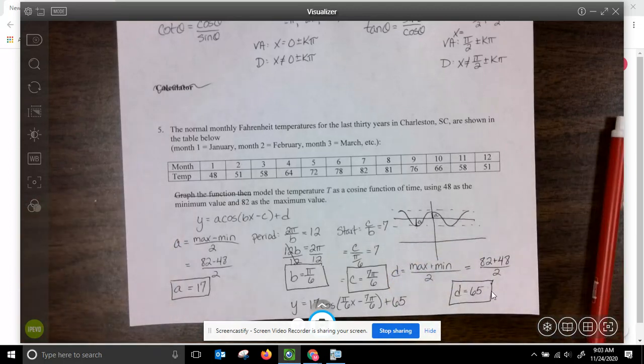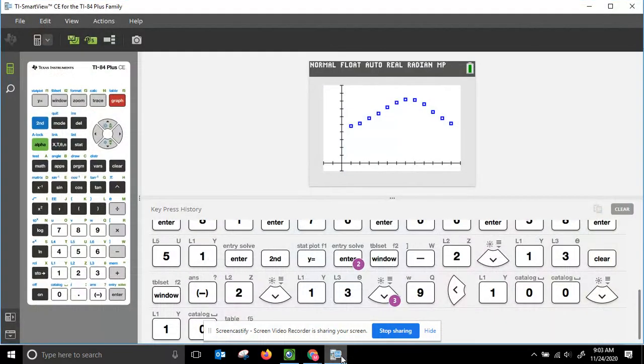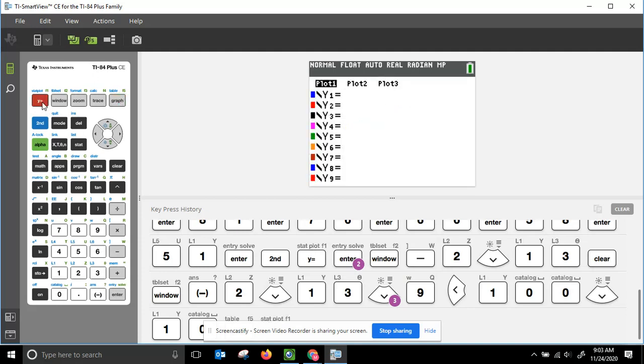Okay, so just to kind of show you, I graphed the data points that were given to me. So this is month 1, 2, 3, 4, etc. And this is what it looks like as a scatter plot. Well, if I graph what we just found on top of that, if we did a good job at modeling, it should cross a good deal of those points.